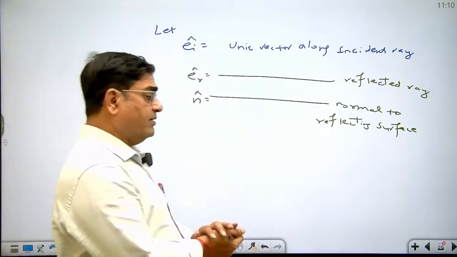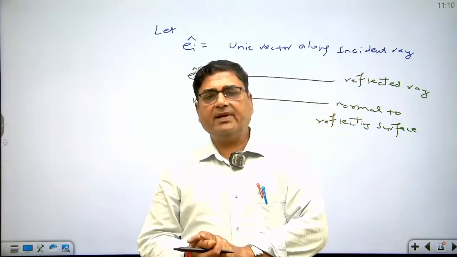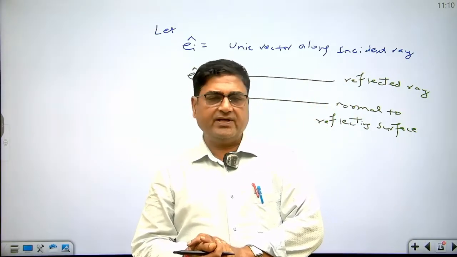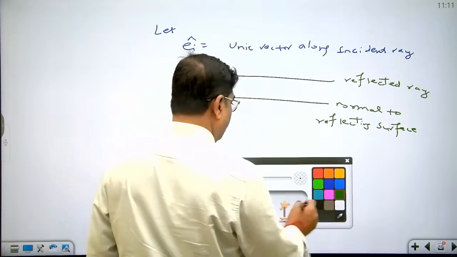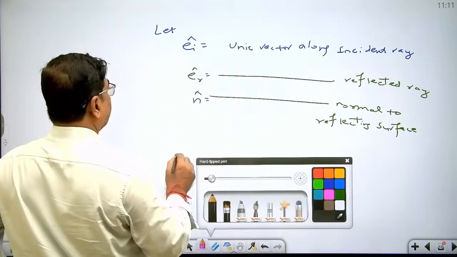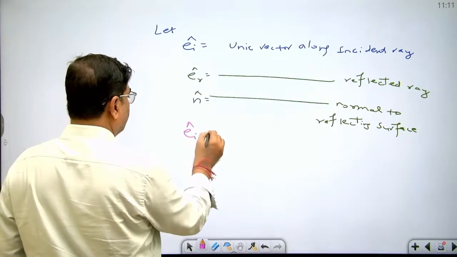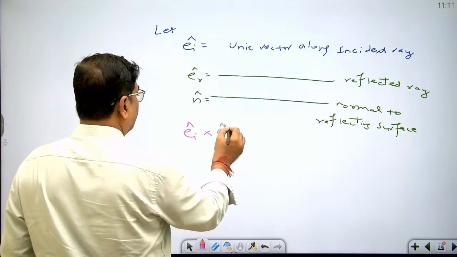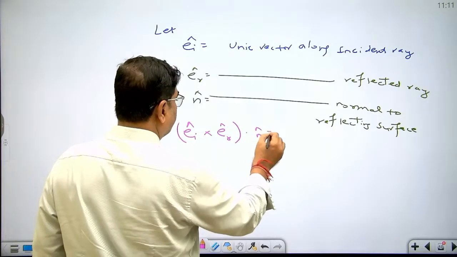So dear student, we will be using the vector concept which we study in mathematics. When three vectors are coplanar, the essential condition is that the cross product of two vectors with the dot product of the third vector should be 0.